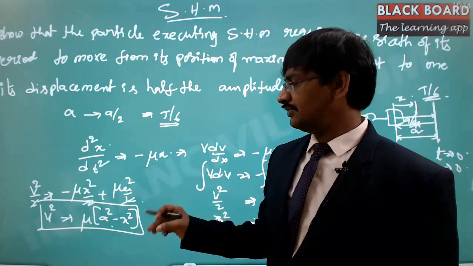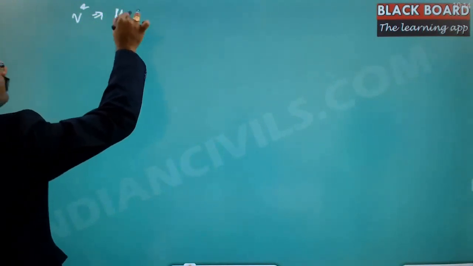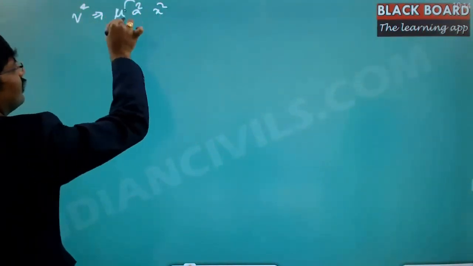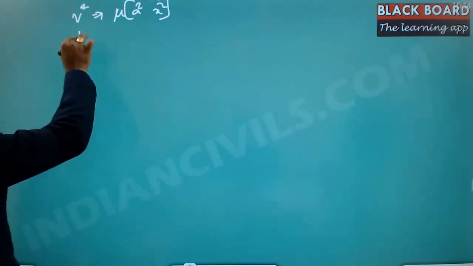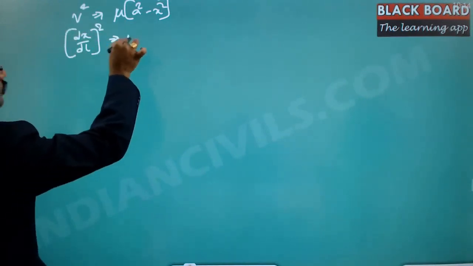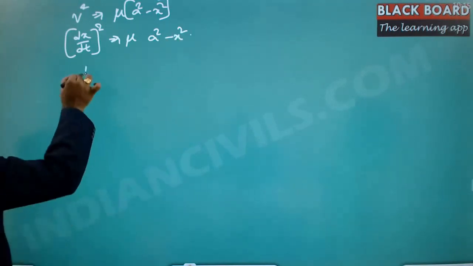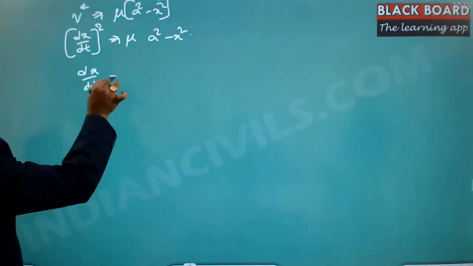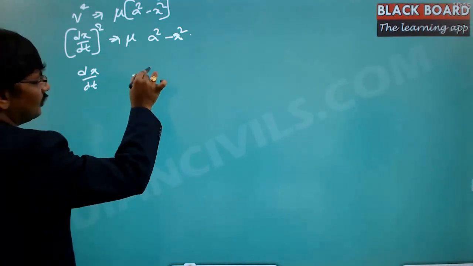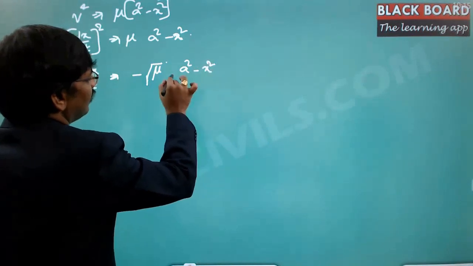Now we can put this relation in the time domain. V square is equal to mu times a square minus x square, and v can be expressed as dx by dt, so dx by dt is equal to minus square root of mu times a square minus x square under root.